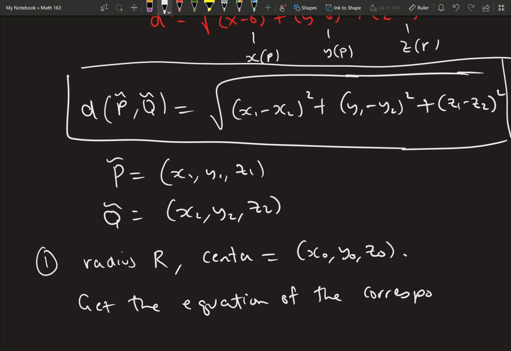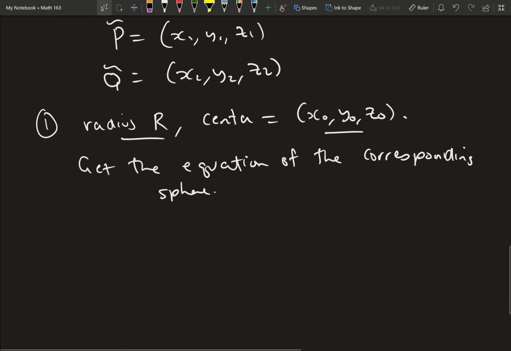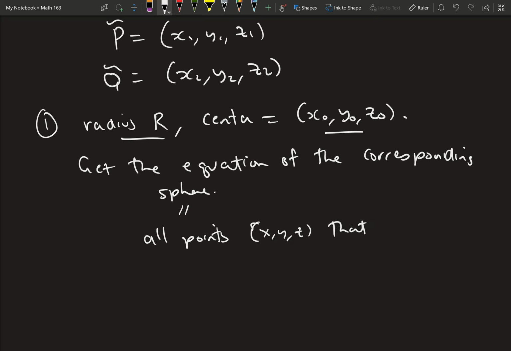Because just like with circles, with spheres also, if you have the radius and you have a center value, then that uniquely defines the sphere. What is the sphere? It's all points x, y, z that are r away from the center.